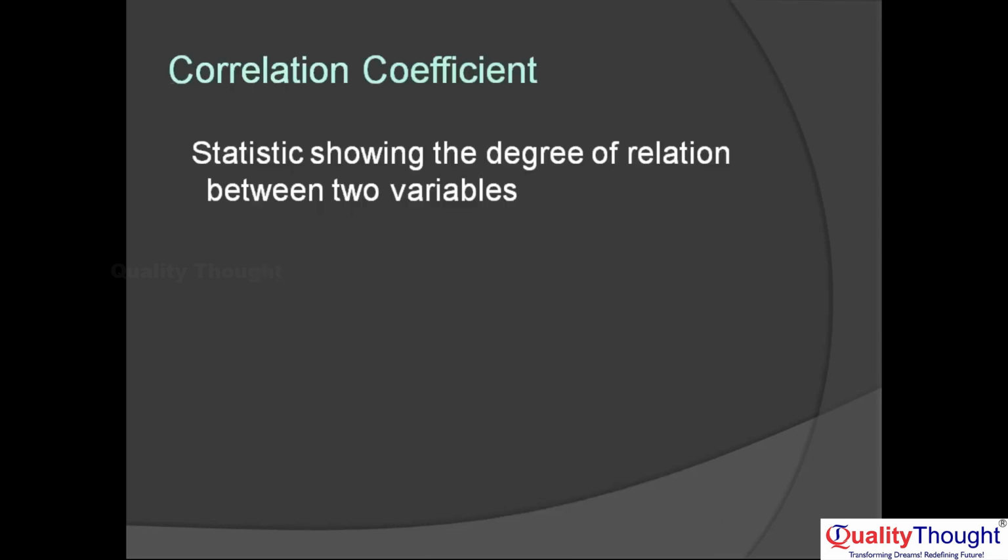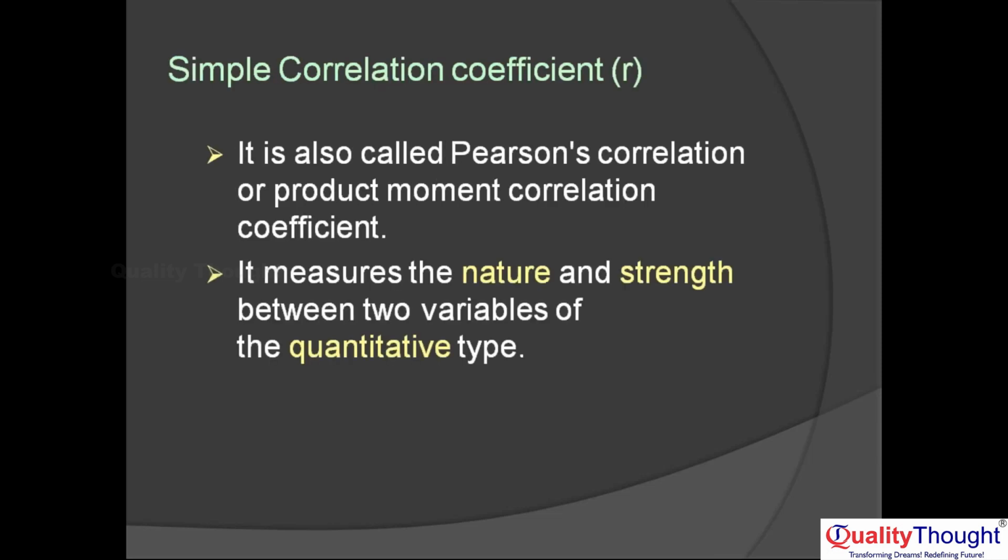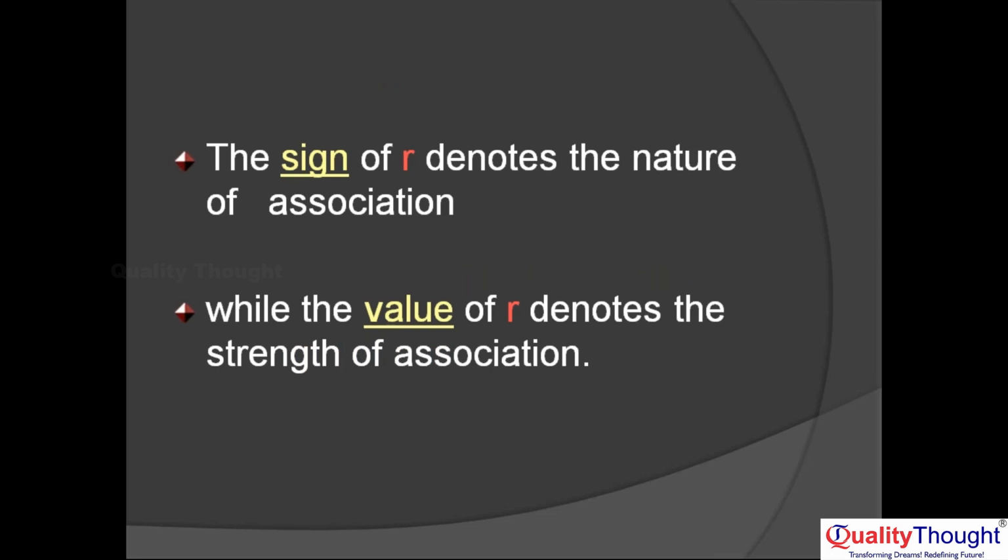So now, how can we measure the correlation coefficient? See, we have Pearson's correlation coefficient. How do we calculate this one? First of all, how do we interpret the value or score of r?